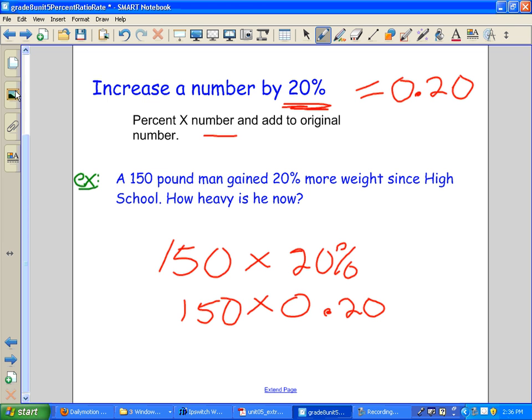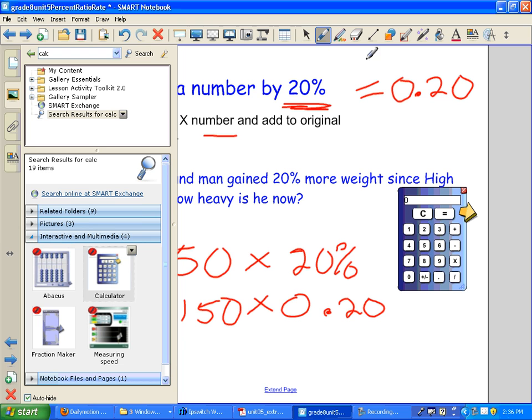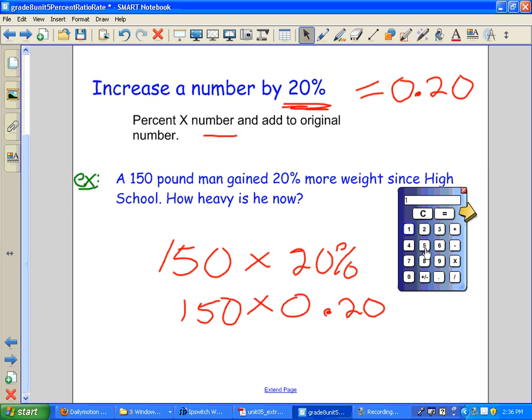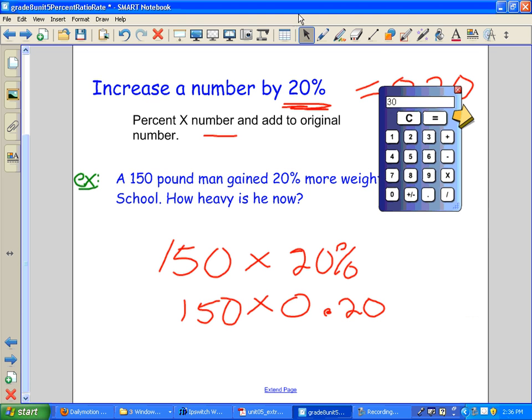So now we'll multiply 150 times 0.20, because that's 20%, and he went up 30. 30 what? 30 pounds. LBS is the symbol for pounds.